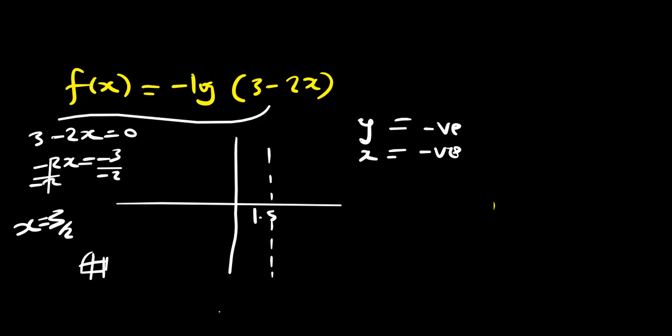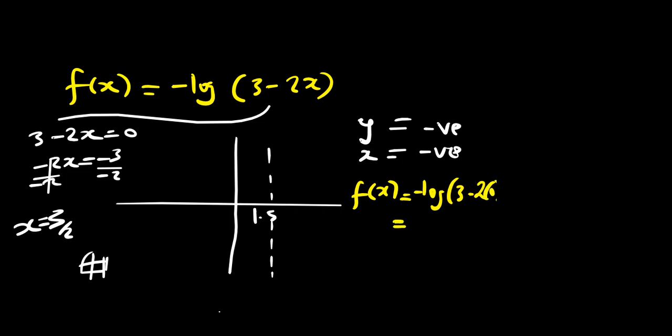So I have to find the y-intercept. On the y-intercept, x is equal to 0. So f of x will be equal to negative log of 3 minus 2 times x, and x is 0.